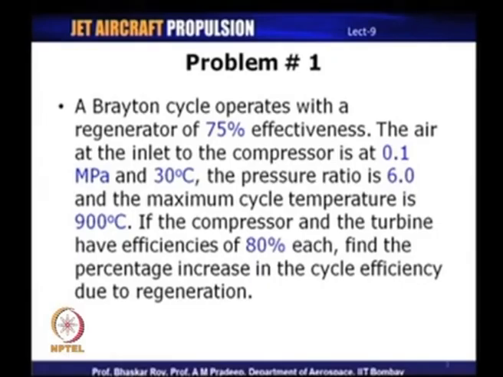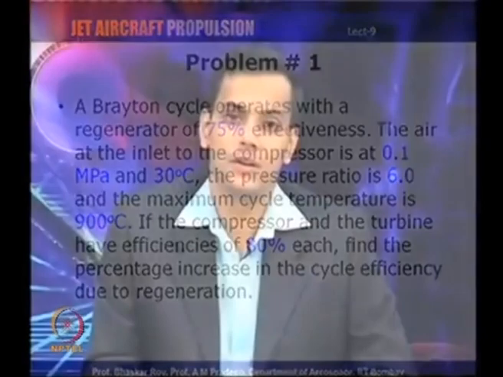regeneration. So, here we have a problem which is related to a Brayton cycle. Obviously, it is not an ideal Brayton cycle because we have the effectiveness of the regenerator coming into the picture. We have also been given the compressor and turbine efficiencies. So, put together it does not really constitute an ideal Brayton cycle. It is a real Brayton cycle analysis that we would need to do.